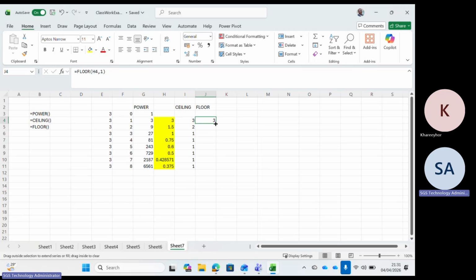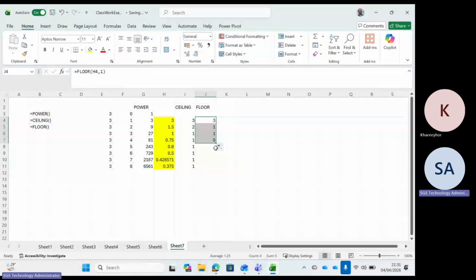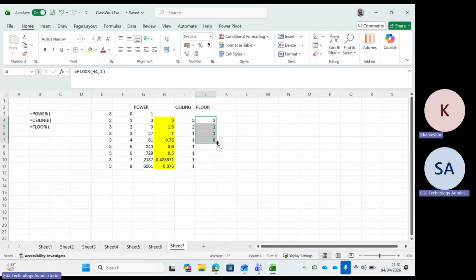It's rounded down. That would be 1. So you can see that this one rounded down. It's going to round every other thing down. That's the difference between when you round a number up and when you round down.